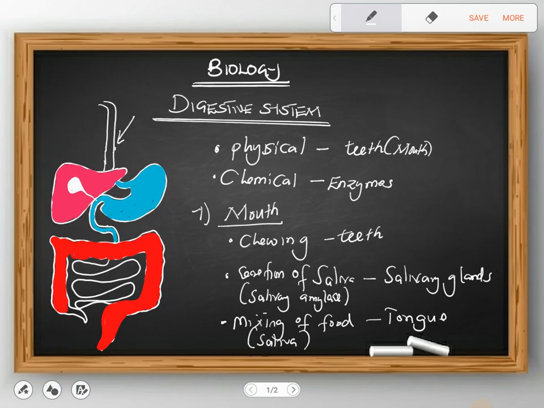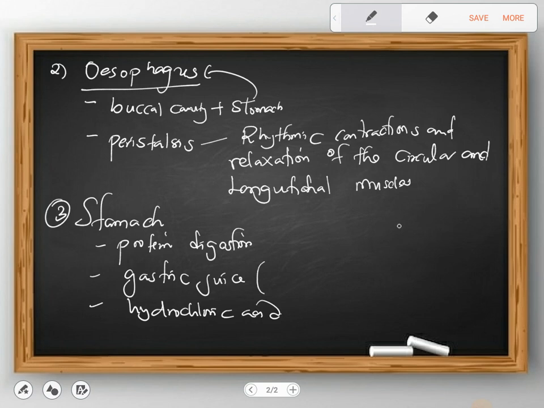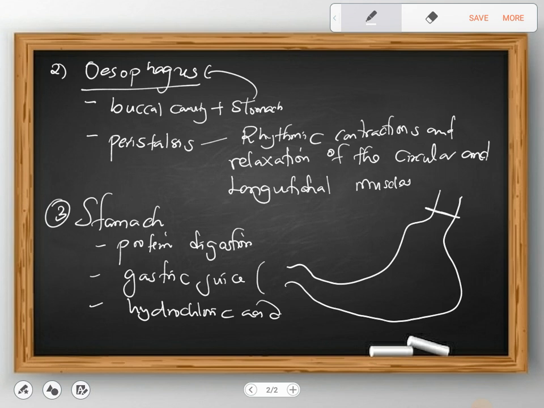Now, the stomach is this diagram here. Just approximate the diagram. At the beginning of the stomach there are muscles, and at the end there are muscles.